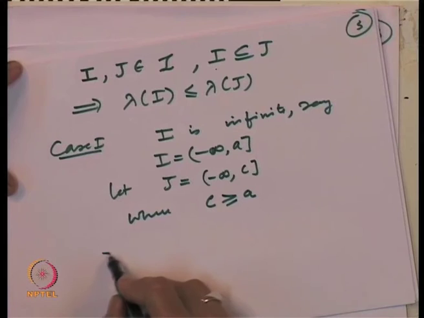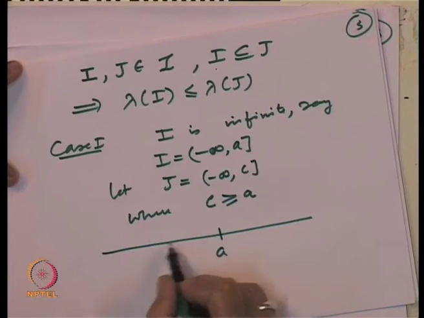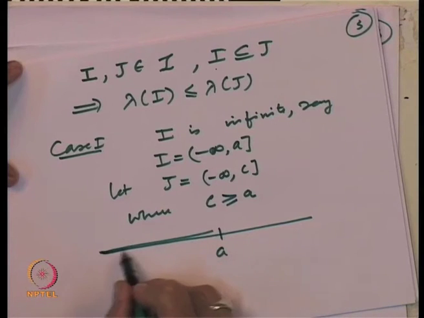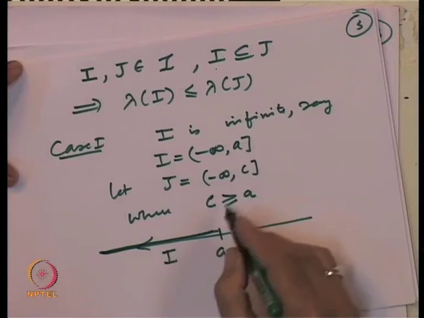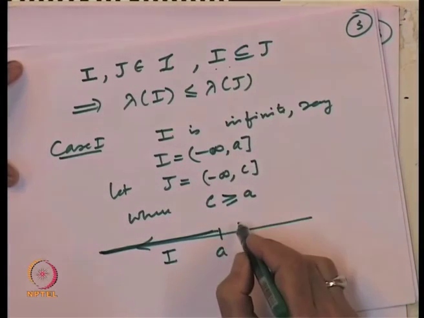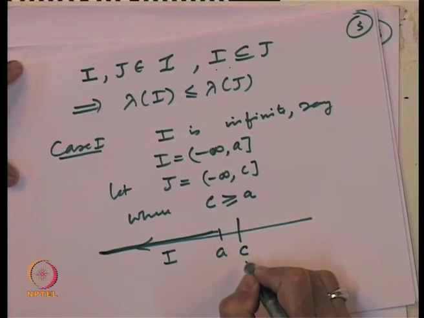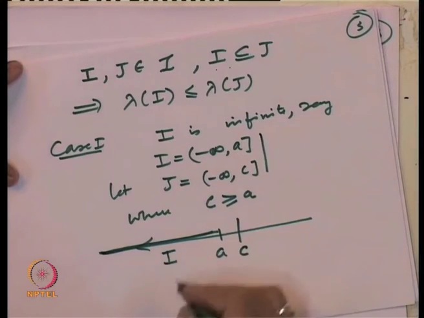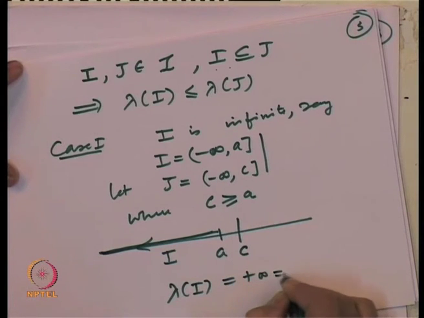So, essentially what we are saying is, if this is a and this side is the interval, all of it is the interval I, and if j is to contain I, then j must be ending somewhere here. So, that is c. So, clearly both are infinite. So, length of I is equal to plus infinity, which is length of j.